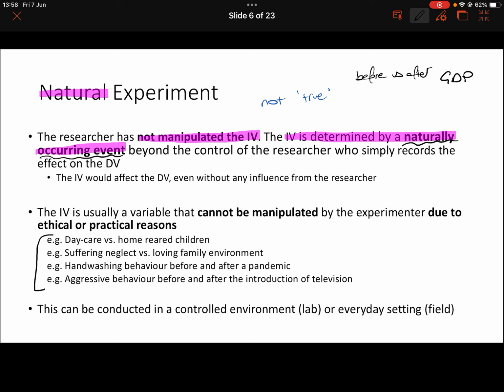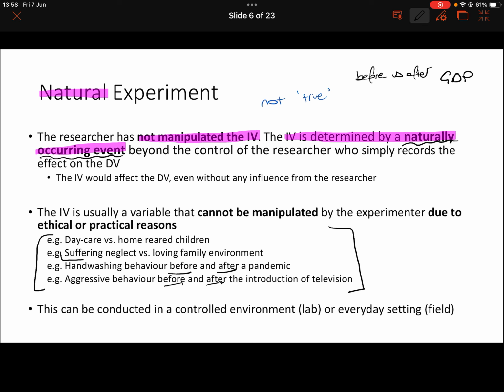So in all of these examples, we see that there are conditions that exist before and after the introduction of television, or hand-washing behaviour before and after a pandemic, or being raised in a loving home versus suffering from maternal deprivation or neglect.